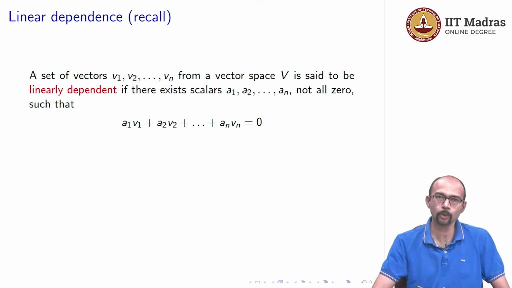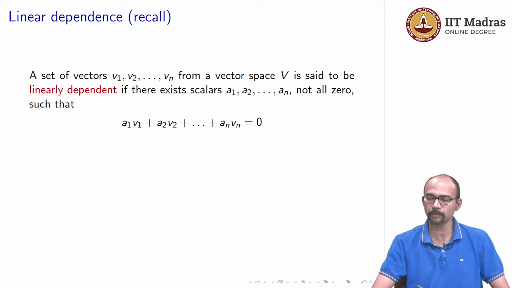Let us quickly recall what linear dependence is. We say that a set of vectors v1, v2, ..., vn from a vector space V are linearly dependent if there exist scalars a1, a2, ..., an such that a1 v1 plus a2 v2 plus ... plus an vn is 0. Of course, there is a crucial extra condition, which is that not all of the coefficients should be 0.